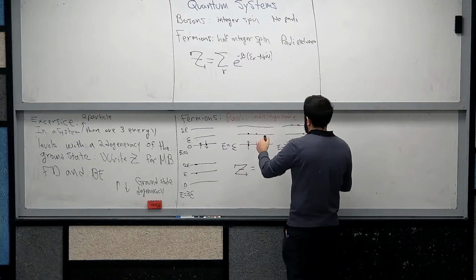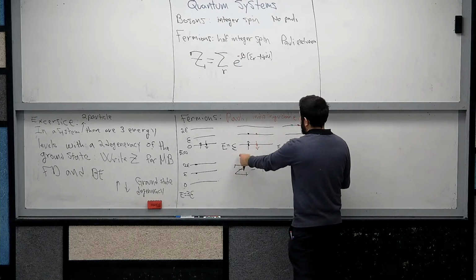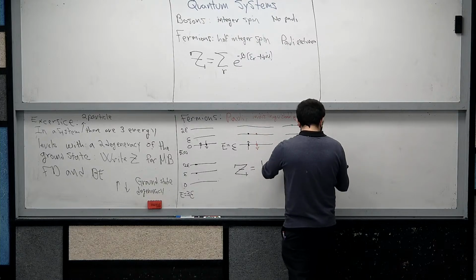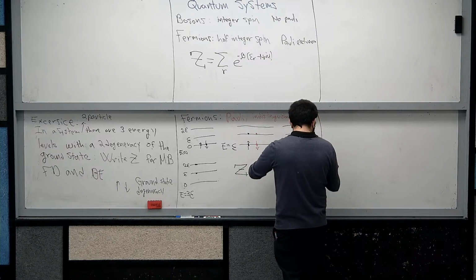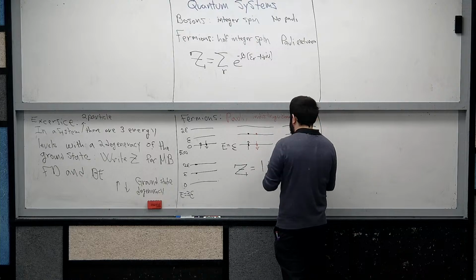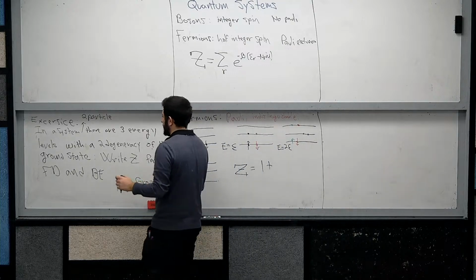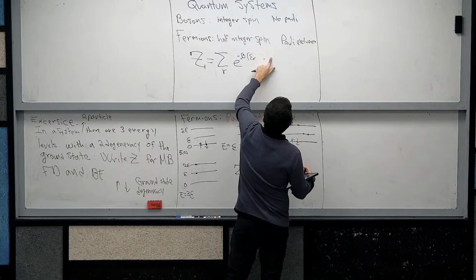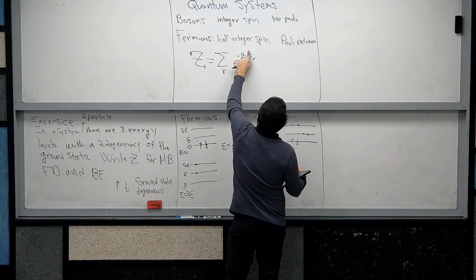Okay, then here we have energy epsilon. Sorry, we have to do it with the canonical ensemble, not grand canonical, so this is just beta epsilon.